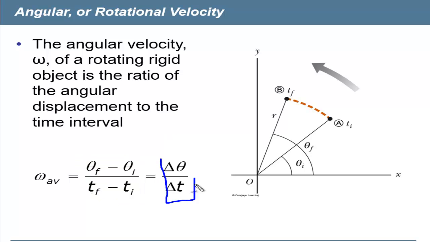So this comes down to delta theta over delta t. This is the same equation that we used for velocity, v is equal to delta x over delta t. It's the same formulation. It's just that we're talking about an angle measure instead of a displacement.